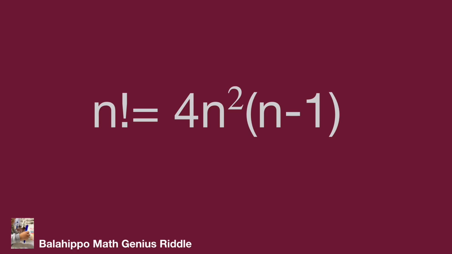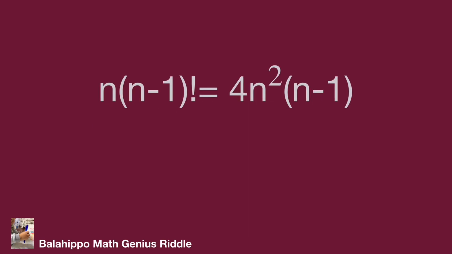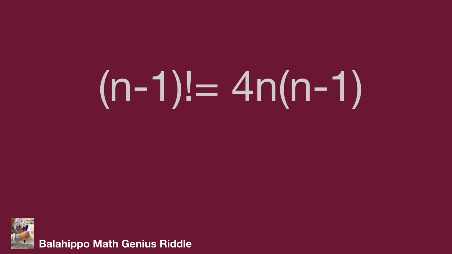Again, n! equals n times (n−1)!. It equals 4n² times (n−1). n is not equal to 0. Eliminate n on both sides, and get (n−1)! equals 4n times (n−1).